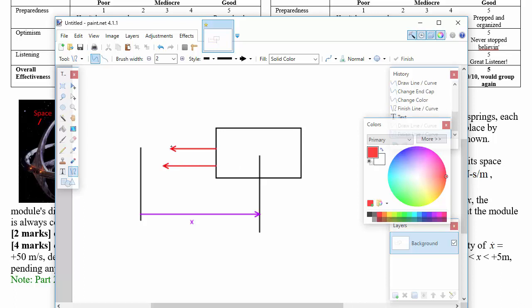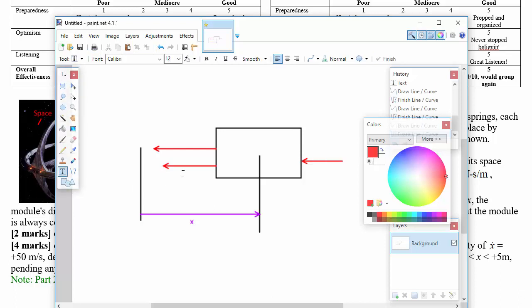Depending on how it's moving, we might have a damping force there, and we've got a force from the spring on the other side. So let's call this KX, and then we'll call this BV, assuming that the motion is going to the right at the moment.